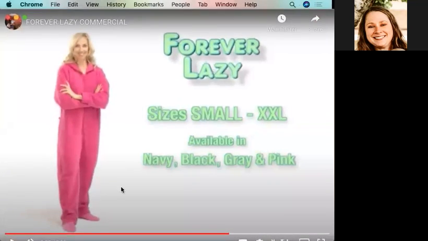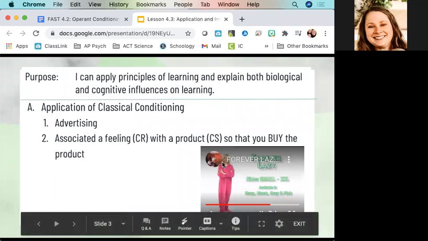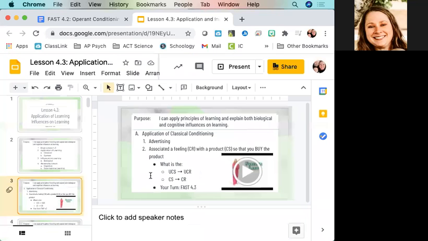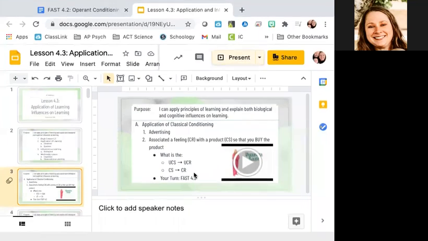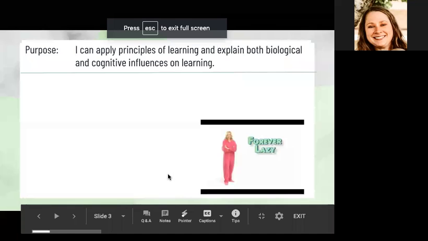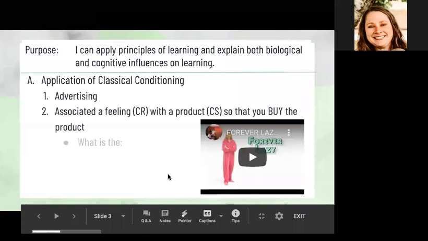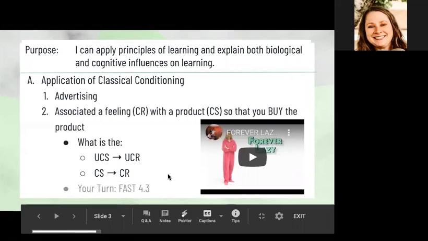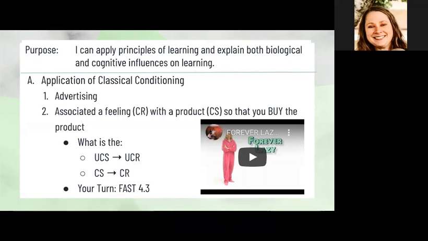Okay, so I'll have to bring mine in so you can see this thing, my sloth Forever Lazy. What we're looking at here, and you're going to apply this on your FAFSA assignment, is what is the unconditioned stimulus versus the unconditioned response.